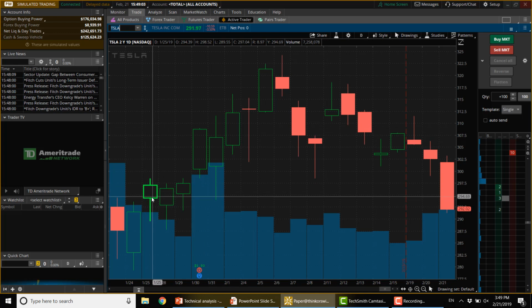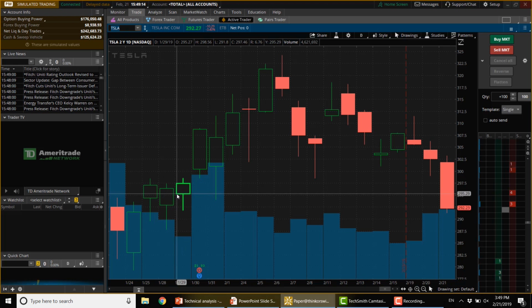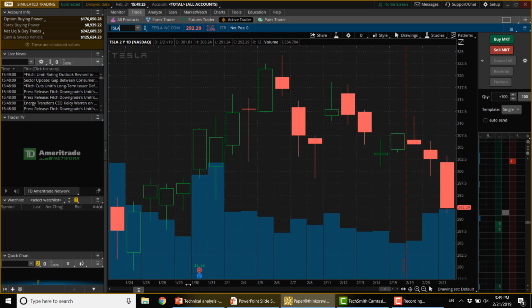And these green or empty ones, regardless of whether they're green or they're empty, always indicate that the price of the asset, so this is Tesla stock, but it could be anything else, an ETF, for example, has increased over whatever interval we're talking about. Since we can see down here that these are days, these are day intervals.